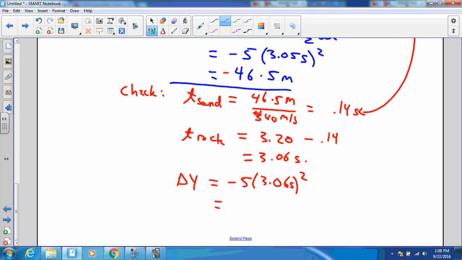So that delta y for our third draft answer is going to be negative 5 times 3.06 squared, which is 46.8 meters again.